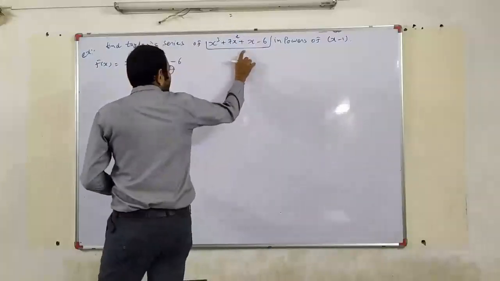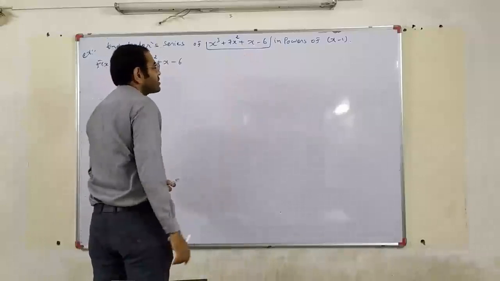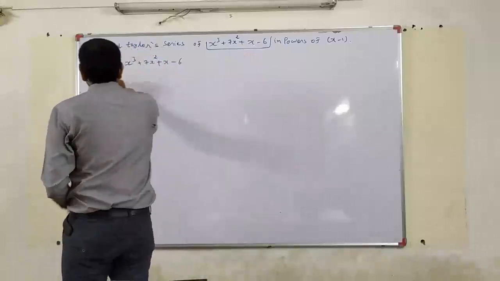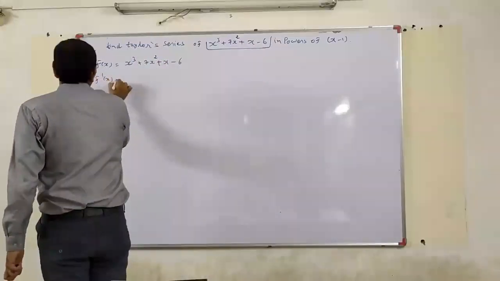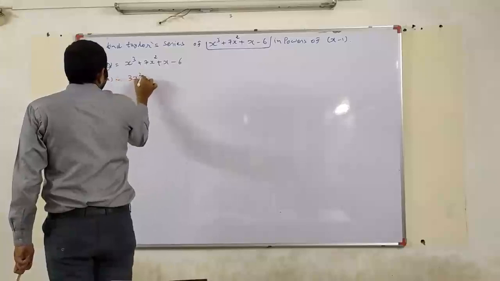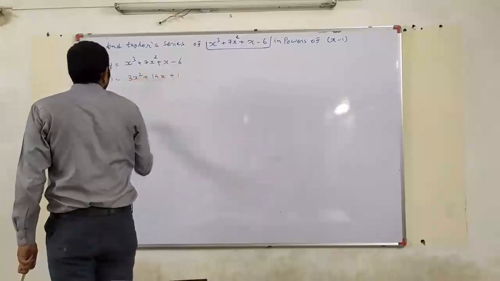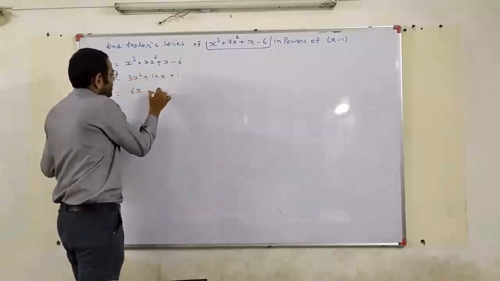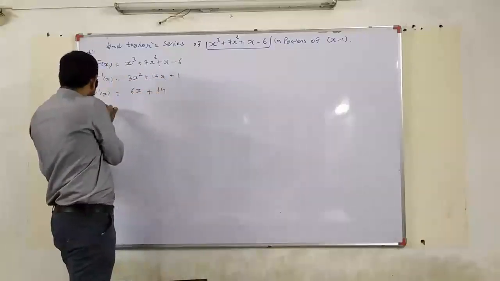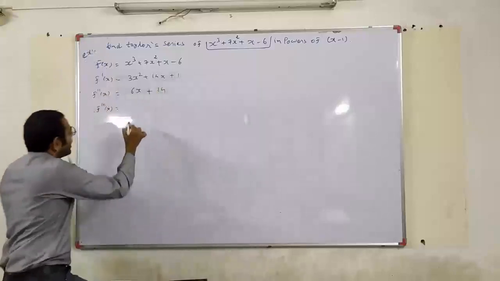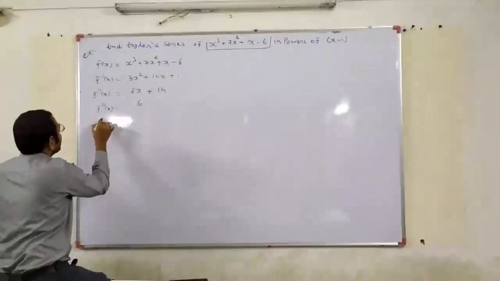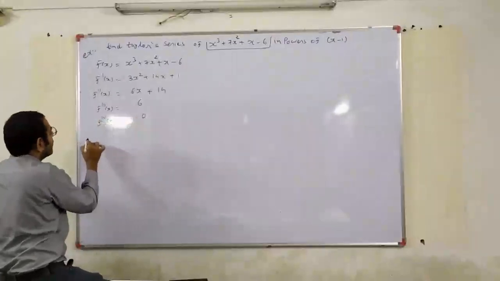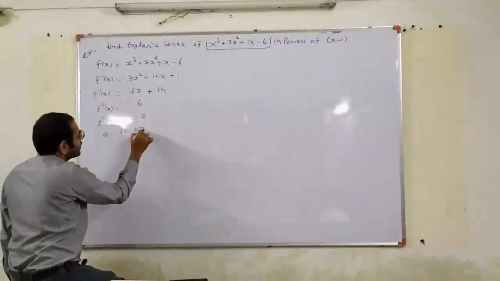First of all, that is our function, x cubed plus 7x squared plus x minus 6. Then the successive derivatives: f dash of x equals 3x squared plus 14x plus 1; again the derivative, 6x plus 14; again the derivative, 6; and the fourth derivative is a constant's derivative, 0, and so on.